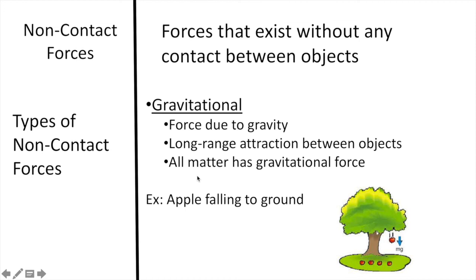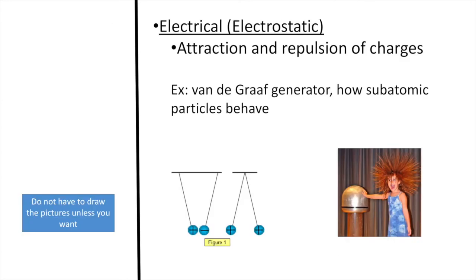So anything that has mass is matter, and all matter has gravitational force. So for example, here we have an apple that is falling to the ground. Even though the earth is not in contact with the apple, it is pulling, it is attracting the apple to the Earth's core.